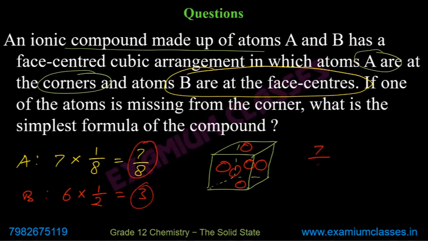So the ratio will be 7/8 is to 3, A is to B. Now this is not the simplest ratio. You can't have an atom as 7/8. So you multiply both by 8. You multiply 7/8, you get 7. You multiply 3 by 8, you get 24. It means the formula will be A7B24.